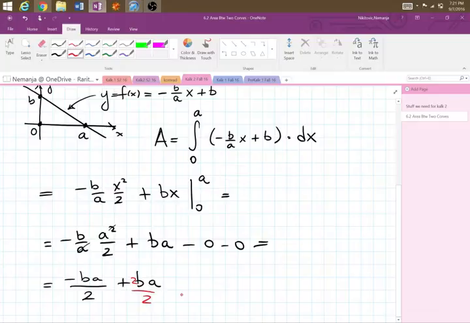Are we all good with this? Observe there's no plus C because it was a definite integral. We had limits, so no plus C. And we have 2ab minus ab is just ab over 2. Now we know that this area, the a is the base, and the b is the height.